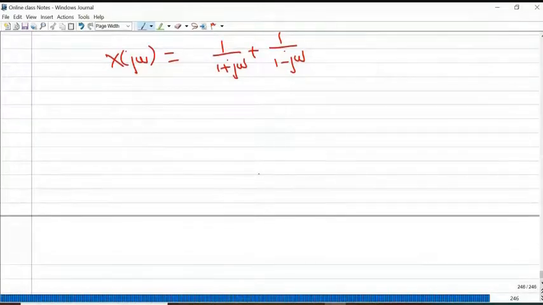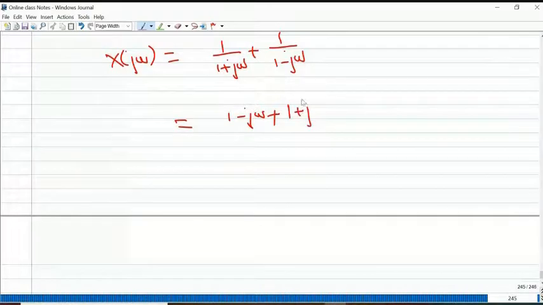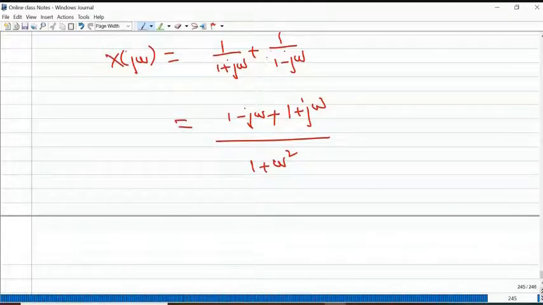If it is possible, further reduce this step. 1 times of 1 minus j omega plus 1 times of 1 plus j omega. Just cross multiply. So 1 plus omega square in the denominator: 1 plus j omega multiplied with 1 minus j omega, a plus b, a minus b, the formula a square plus b square. So j square is minus 1, this minus will be cancelled.